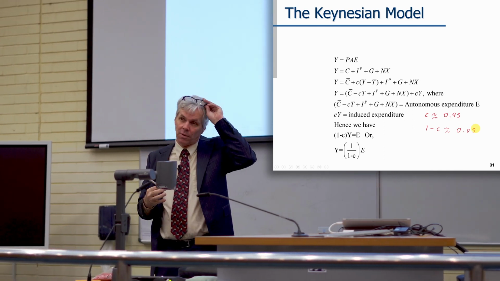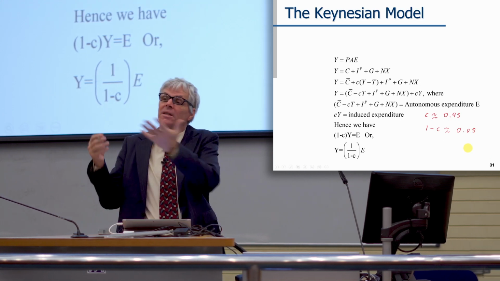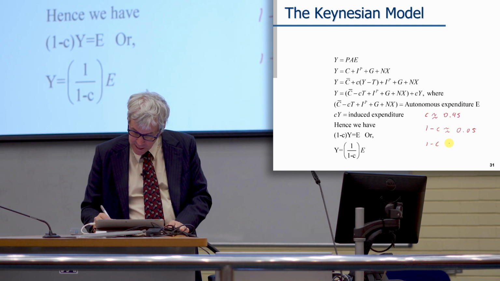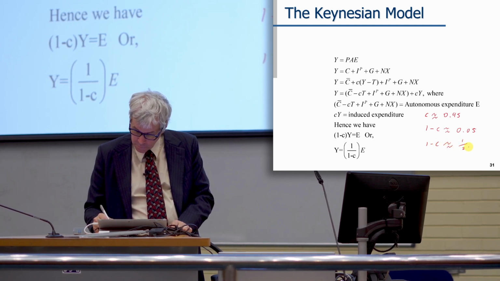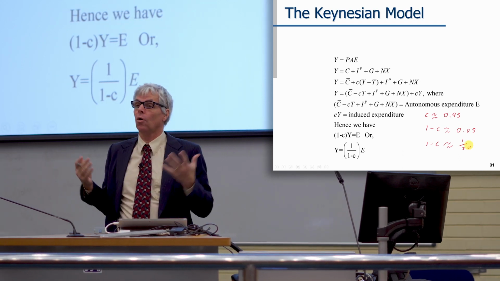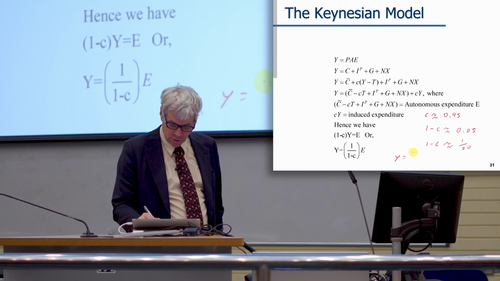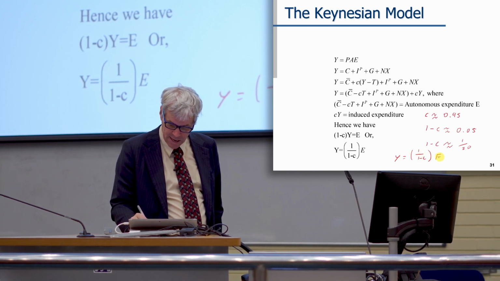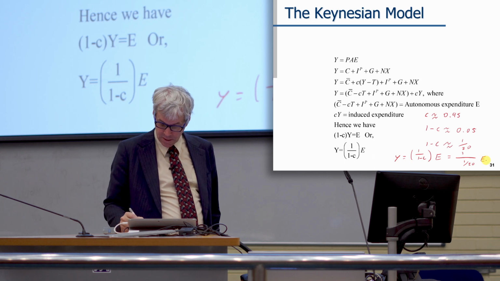And we know that there's 25s in 100, right? So this is 5%. There's 20 of these. So 1 minus c is about 1 over 20, 1/20th of a whole, right? And so if y itself is going to be 1 over 1 minus c times e, that's equal to 1 over 1 divided by 20 times e.